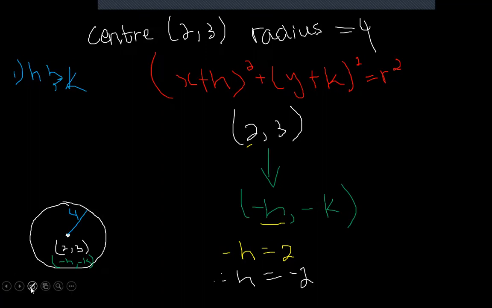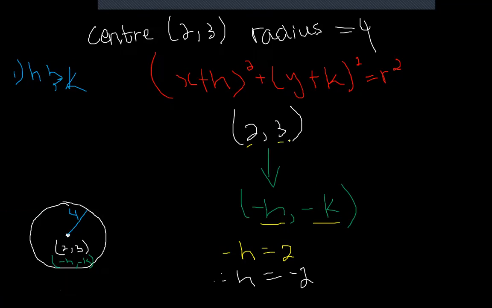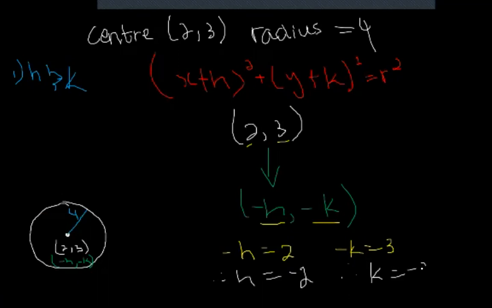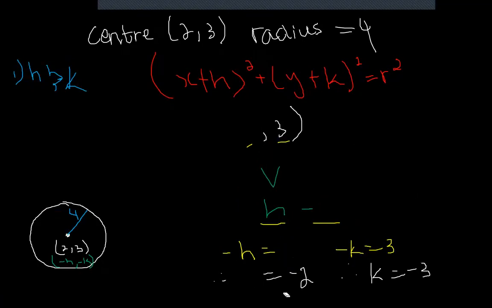Same for k. Minus k is equal to 3. Therefore, what's the value of k? -3. Good job. Right, so that's the first step. Identify h and k.